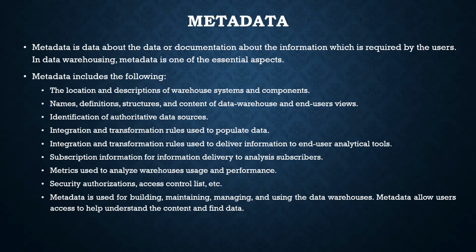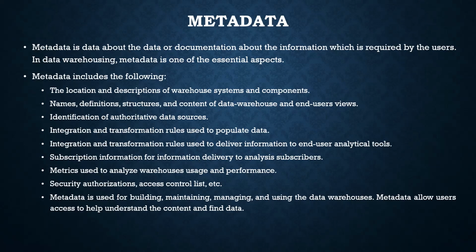So what does the data warehouse metadata consist of? These are the things we have in it. The location and descriptions of data warehouse systems and components, meaning in which part of the data warehouse what kind of information is available. Names, definitions, structures, and content of the data warehouse. What are the different names of information stored? Definitions, how the data is stored. Structures, in what format the data is stored.